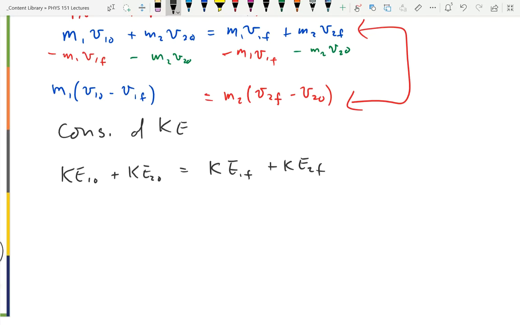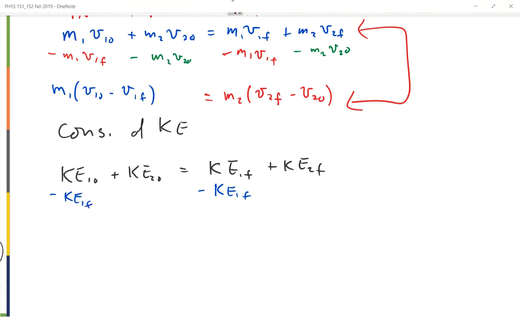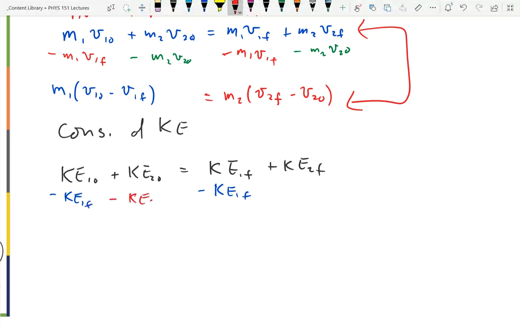Now, before I do any work, I'm going to do the same thing. That is, I'm going to subtract kinetic energy 1 final from both sides and subtract kinetic energy 2 initial from both sides.